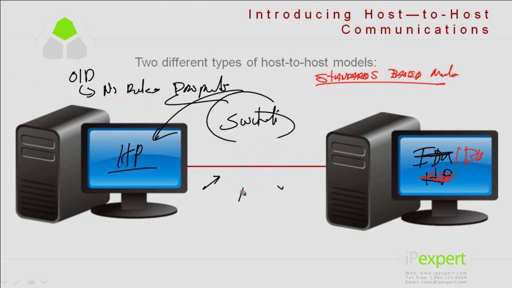Why? Because each of the manufacturers had to follow the same rules. That was the whole idea behind the standards. And they did this for multi-vendor support, and they did it by creating what's referred to as a layered architecture or a layered model.